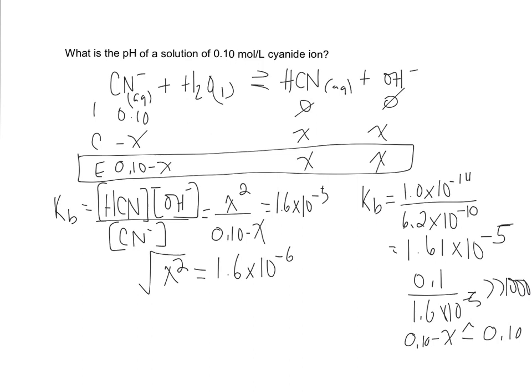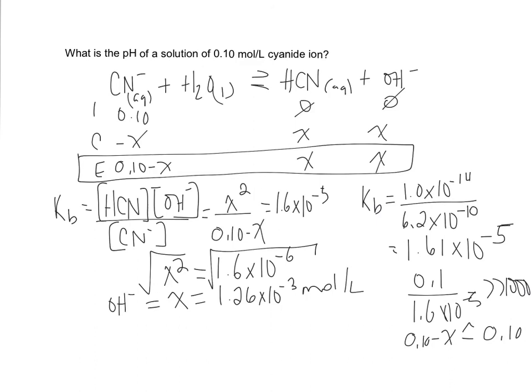Take the square root of both sides. x is equal to 1.26 times 10 to the negative 3 moles per liter. And that is equal to the hydroxide ion concentration.